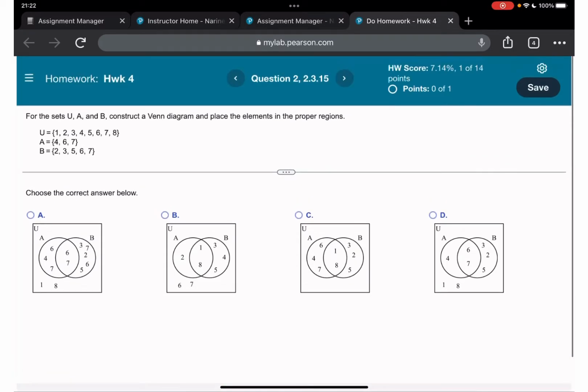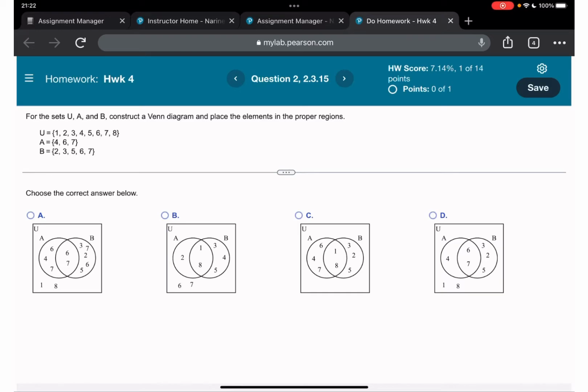So question number 2, for the sets U, A, and B, construct a Venn diagram and place the elements in the proper region. So practically we have U given, which is the universal set, this entire rectangle. Imagine it's like a whole planet.